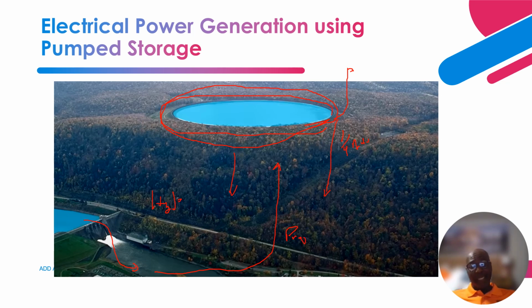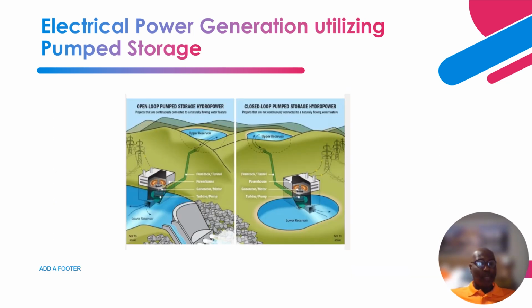Like I indicated, this pump storage system is utilized during emergency and during peak shaving. Peak shaving means that I'm shaving off the amount of peak load that is required. Remember I made mention that for the pump storage system, you have an open loop and a closed loop.